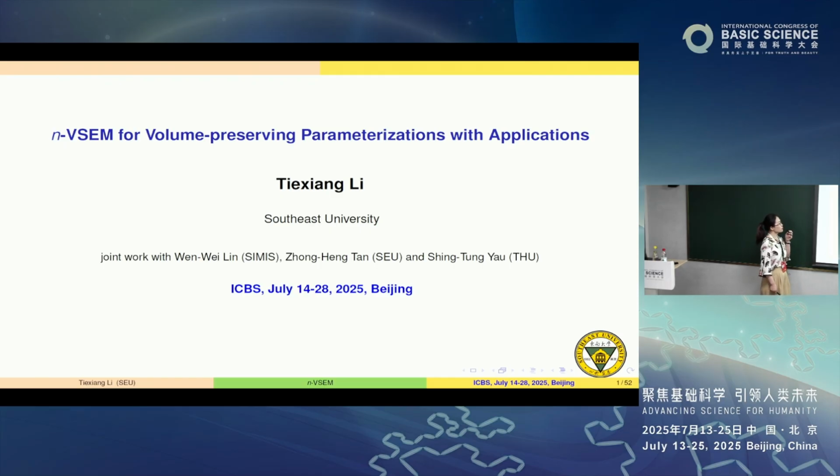This algorithm is to do the volume or mass preserving parameterizations, and we have some applications to medical imaging processing. This is joint work with Professor Wen Weilin in CIMIS, my PhD student Tan Zhongheng, and Professor Xintong Yao.